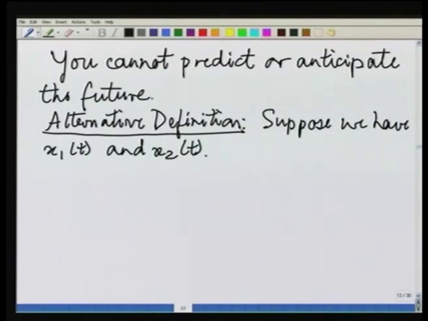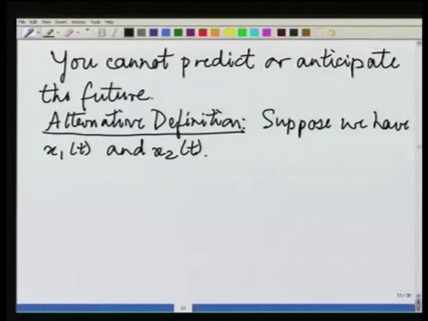Let us say that there is some point t naught such that for t less than t naught, x1(t) and x2(t) are identical, but for points subsequent to t naught, for time after t naught, x1(t) and x2(t) are different. Let us make a plot, but before that let me finish the sentence.